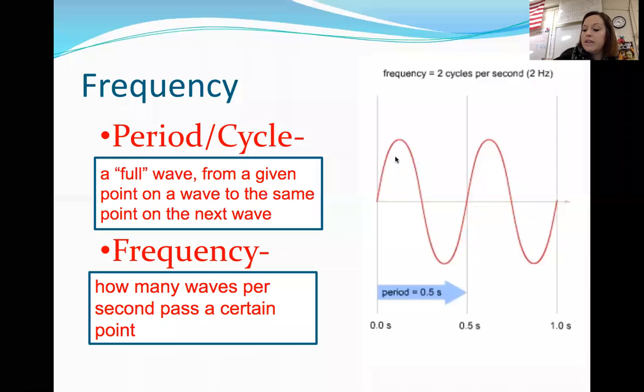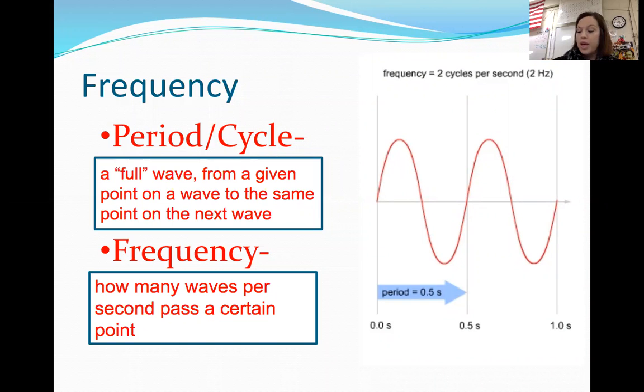So I'm gonna leave this up here for just another minute. I wanna leave us about 5 minutes for the group challenge. So everybody go ahead and write down that frequency is waves per second. I just wrote the word waves / seconds because that's how I'm gonna remember that.